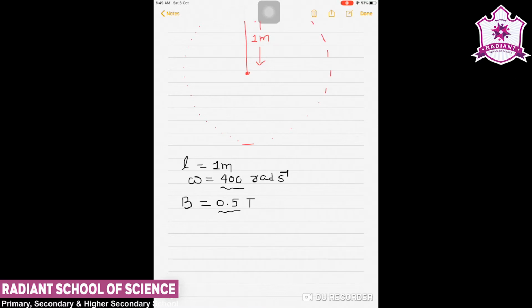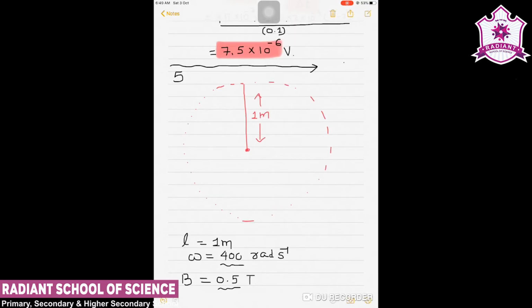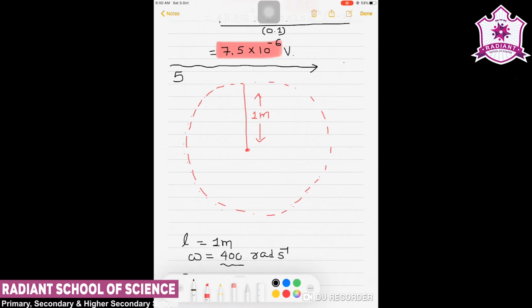Here the dotted part is indicating that metallic ring, as we can see here. We can encircle and darken it. So this dotted part is indicating the ring, and the end part of the rod is in contact with it.